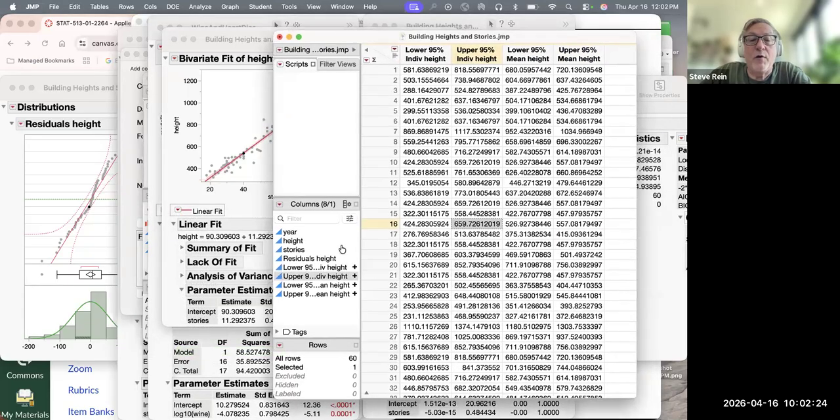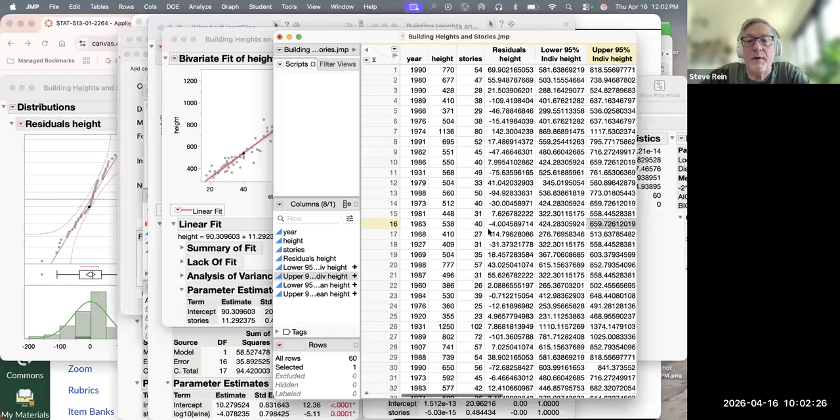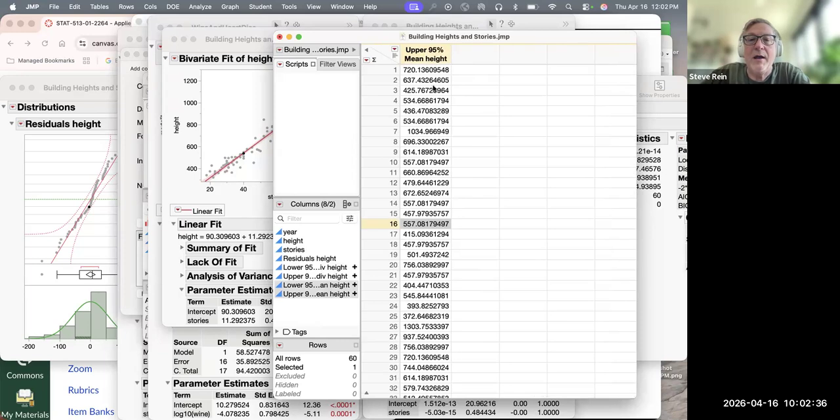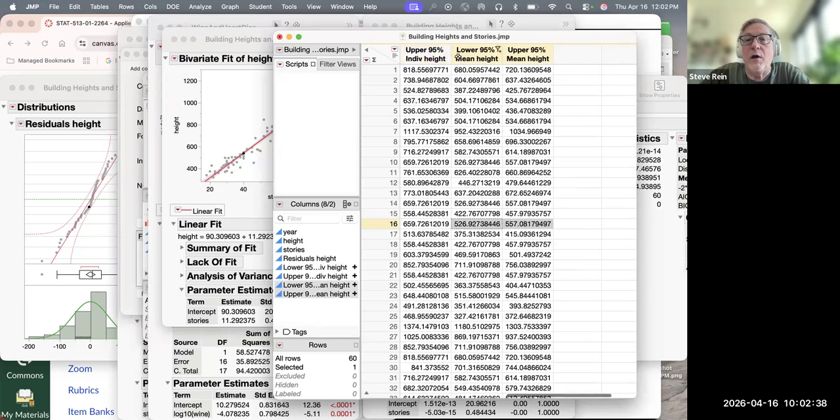So for that 40 floor building, again, 40 floors, we re-highlight that, ignoring that, which was a mess. I'm going to say the average value for Y is in this lower to upper confidence interval for the mean y for that x. So it's 527 to 557 feet.